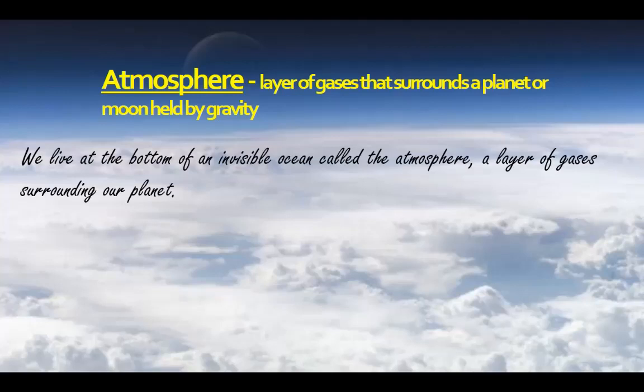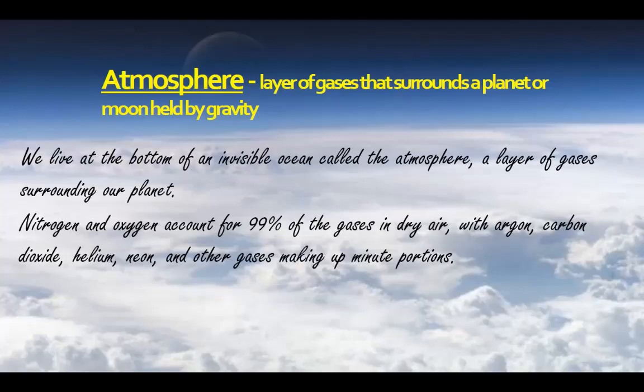And it's primarily made up of two specific gases, nitrogen and oxygen. And these account for 99% of the gases in dry air. However, it's that 1% that makes a big deal in terms of what we start looking at with respect to climate change. This includes argon, carbon dioxide, helium, neon, and other gases that make up tiny portions.